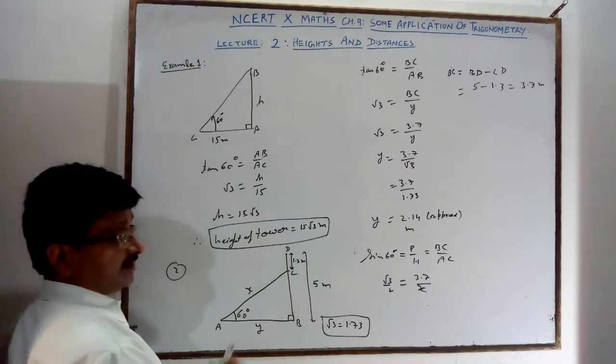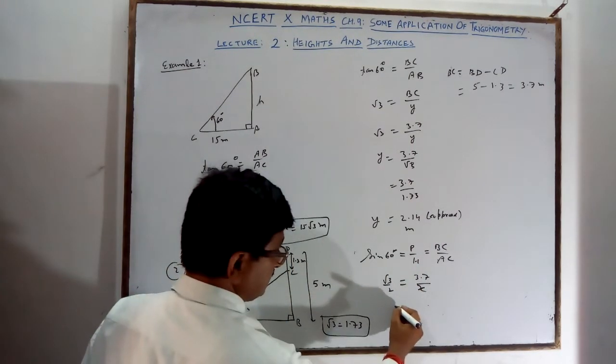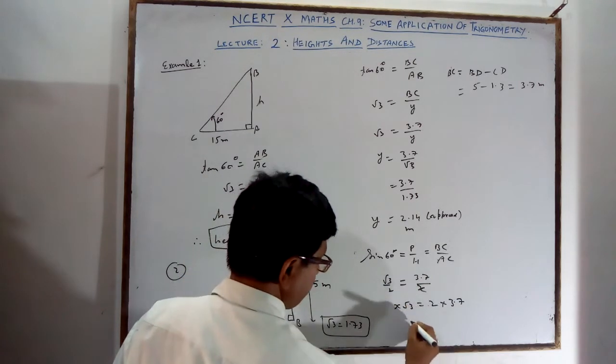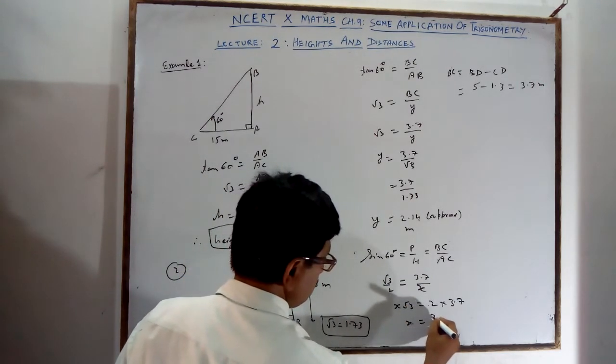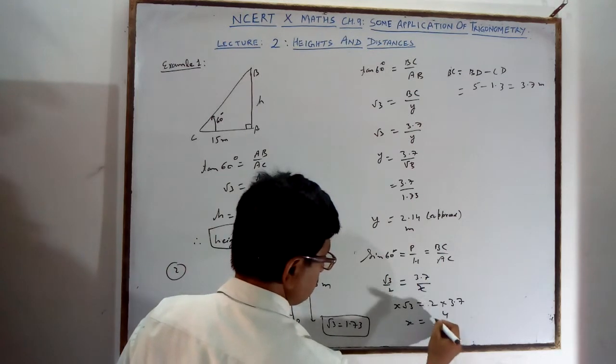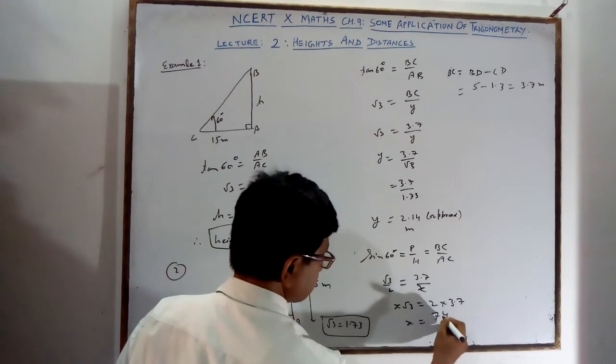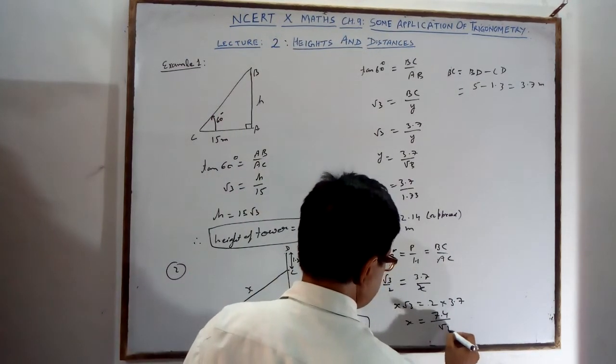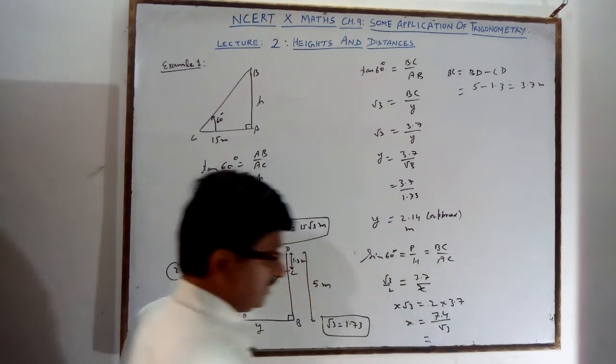So it is the length of the ladder. Length of the ladder x root 3 is equal to 2 into 3.7. So x is equal to 7.4 upon root 3. Now you put the value and solve it.